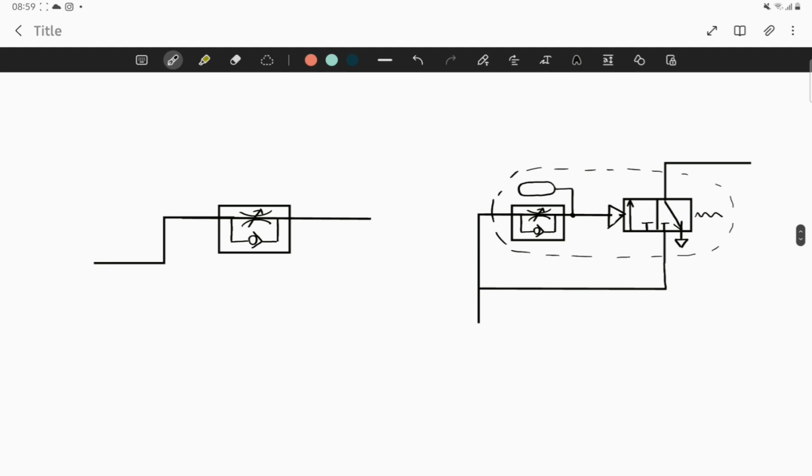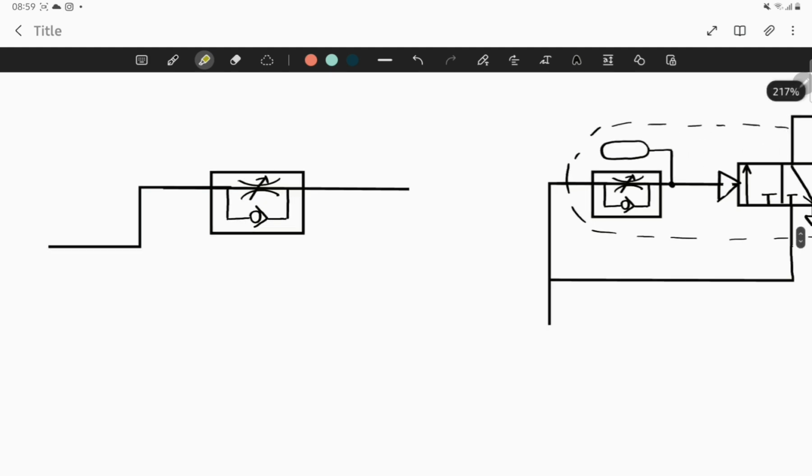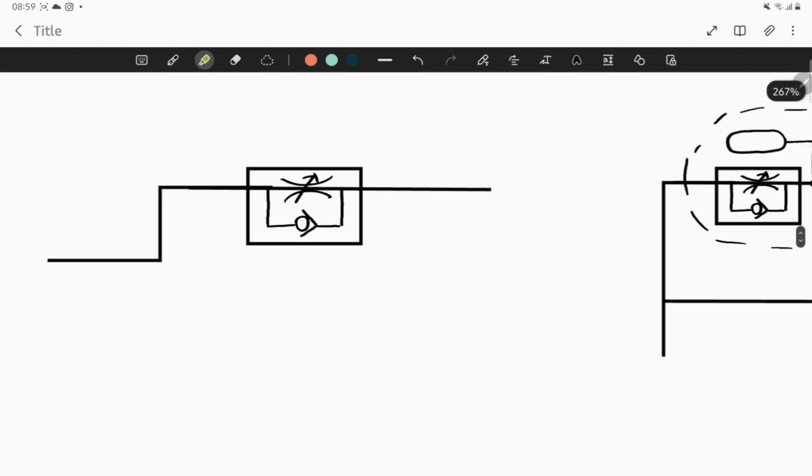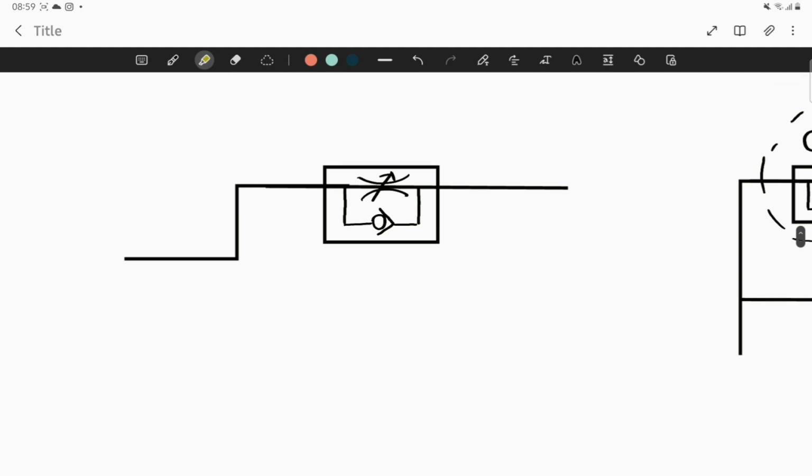Now we have things that change the way the air is flowing. So here it's a valve that controls the flow in one direction, because basically if the flow is coming this way, it will get here, and this thing makes the air flow really slow because it strangulates it.